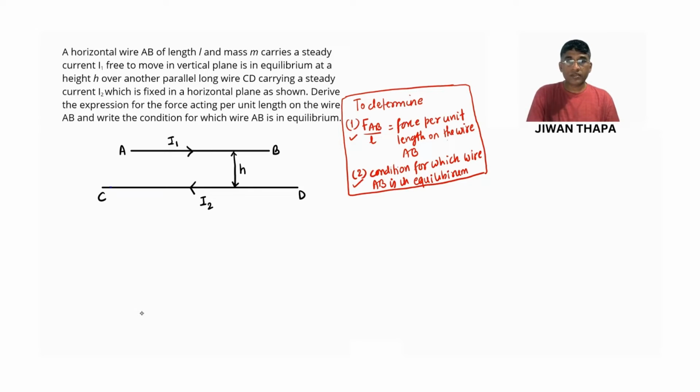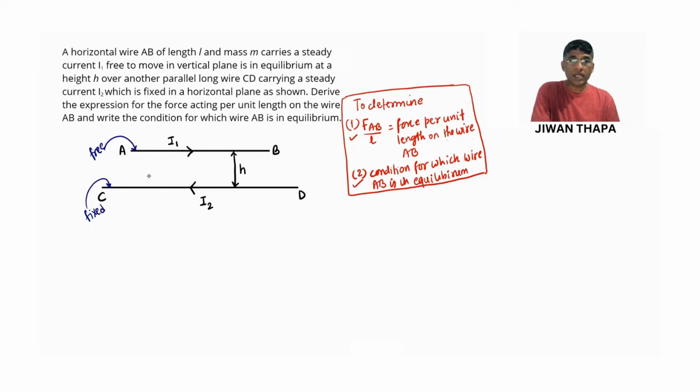Now we have wire AB, which can move freely in a vertical plane. So from the question, wire AB is free to move in a vertical plane. Wire AB is free to move and wire CD is fixed.